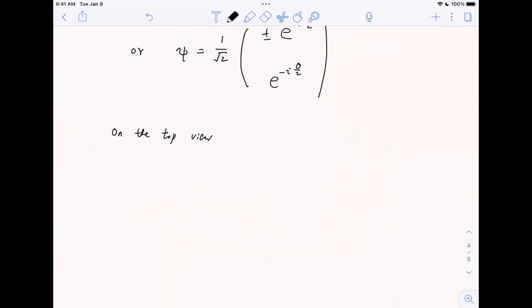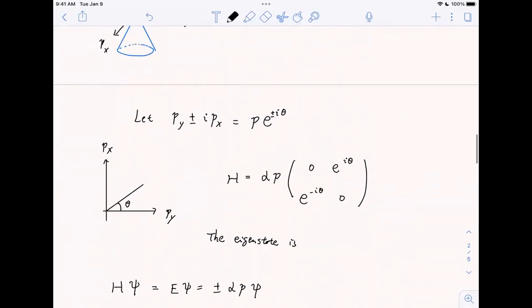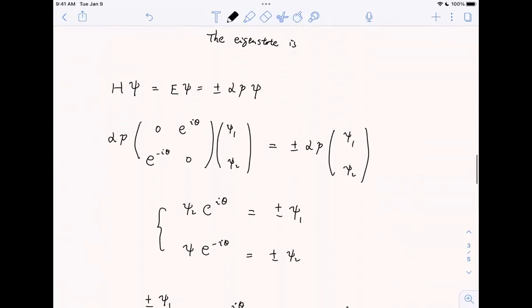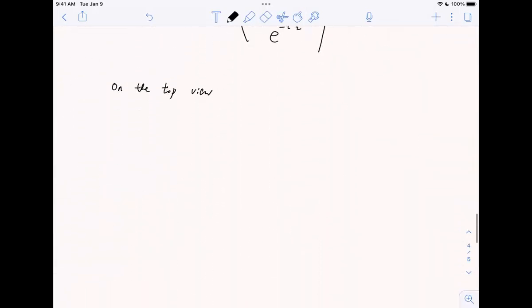So on the top view, I mean, this is the cone, right? This is the cone. So you look from the top. Then you will see. I'll draw it in this way.